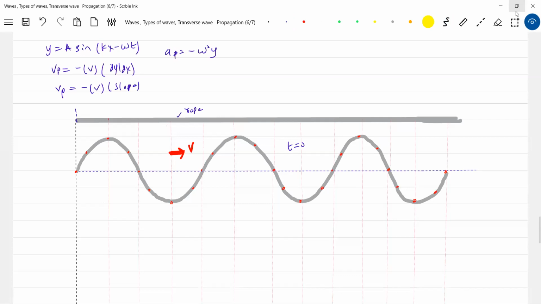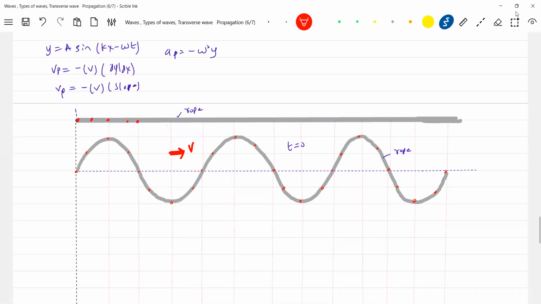Okay, let me ask you. This is the shape of the, what is this? The y-x graph it is. This is the amplitude. At t equals 0, you can see the shape of the rope like this. So this is the rope. At t equals 0, this will be the shape of the rope. Can we say which points are moving in what direction? So what are the points? The points are here.